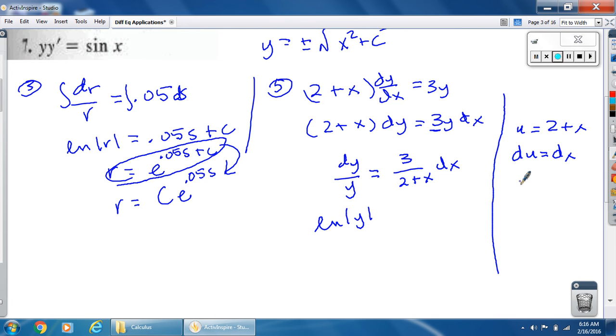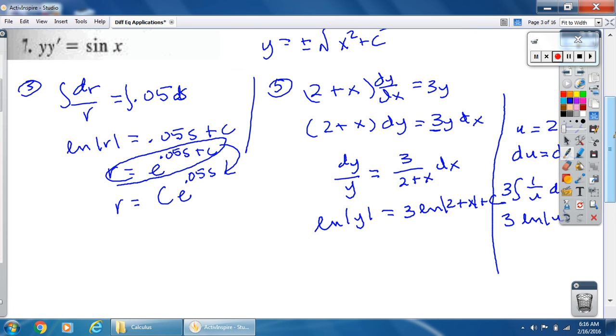So I'll have 3 out front, I'm just multiplying that out in front. 1 over u du. 3 ln absolute value of u. So when I make the replacement, I will have 3 ln absolute value of 2 plus x plus c.